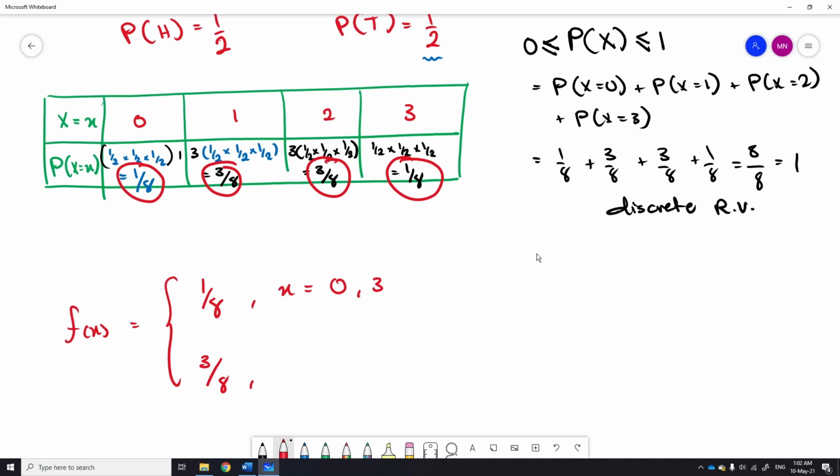Meanwhile, for the output of 3 over 8, the input x must be 1 or 2. Alright. That is the probability distribution function. And then this is the probability distribution graph. Okay, so this is the graph.